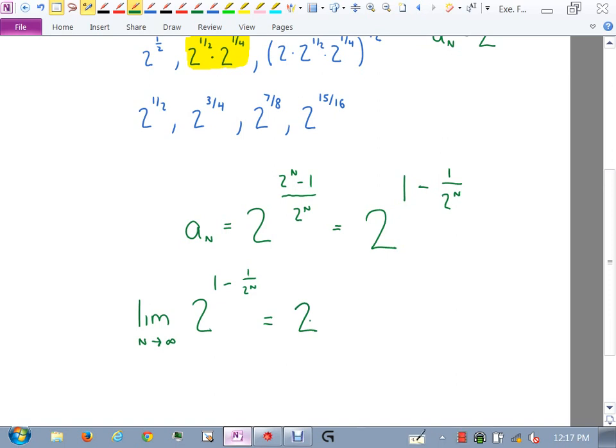This sequence converges to 2. Wow. Right? I mean, now that you see it, I hope that the moral of the story here is that you have to be prepared to work with exponents, be comfortable with radicals, converting over. There's nothing off limits when it comes to this.